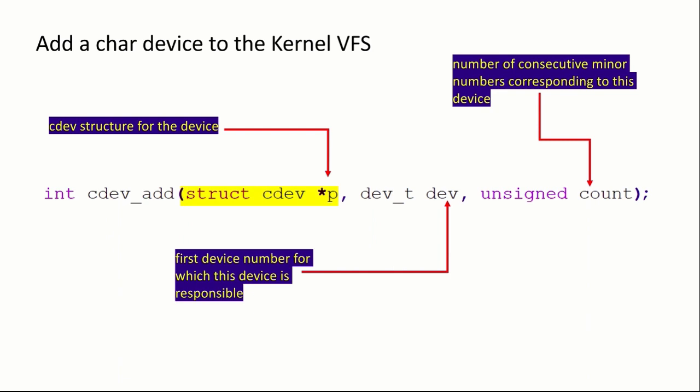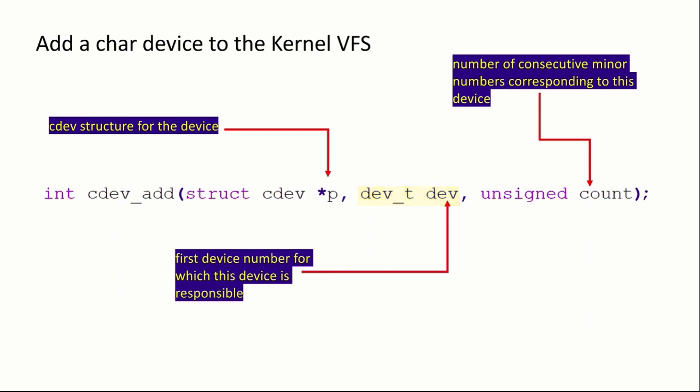First parameter is of course the cdev structure. You have to mention a pointer to your cdev structure, and look at the second parameter. This is a device number. We are registering a cdev structure with a device number. This device number you obtained in alloc_chrdev_region.